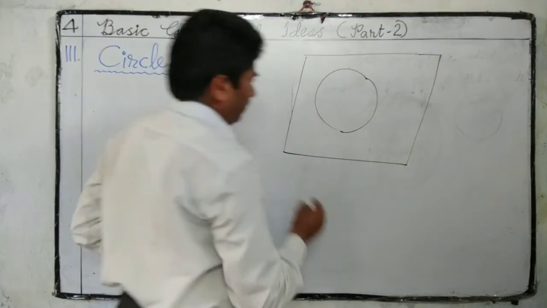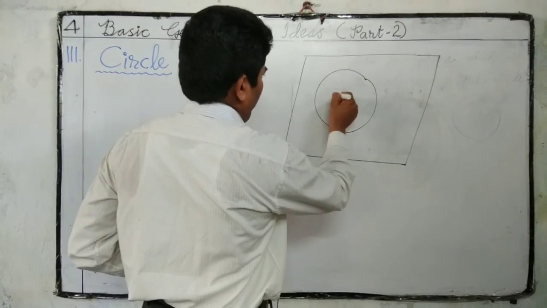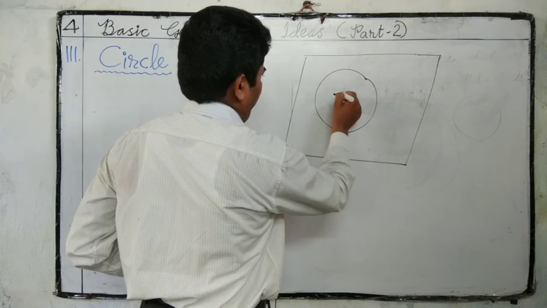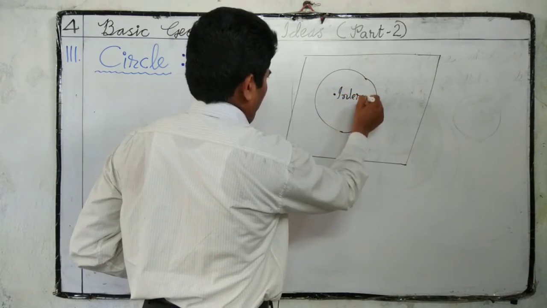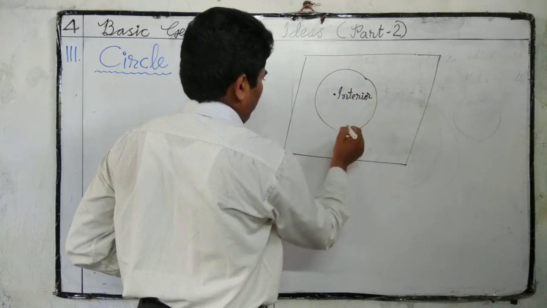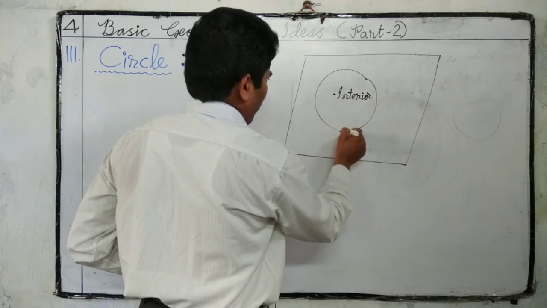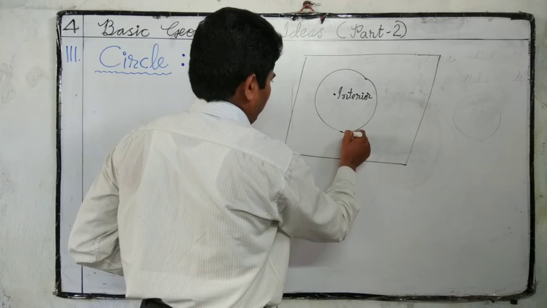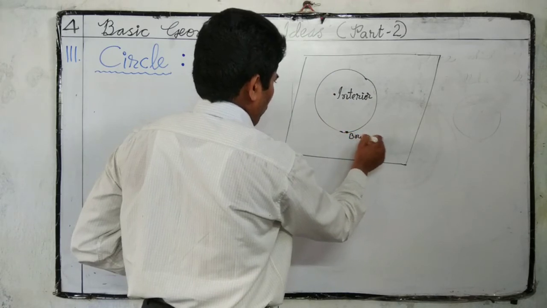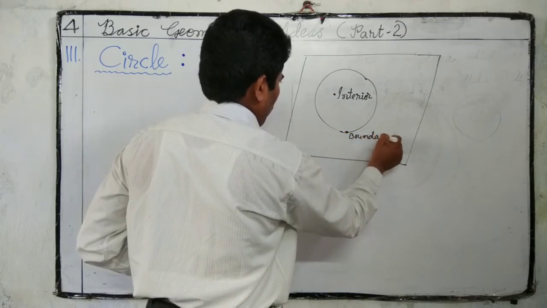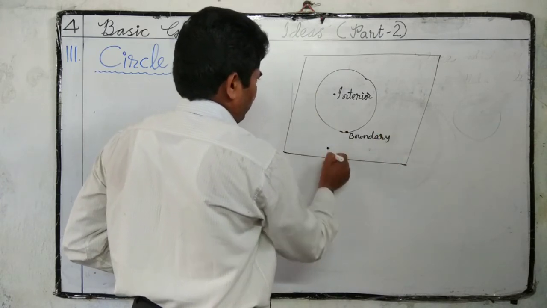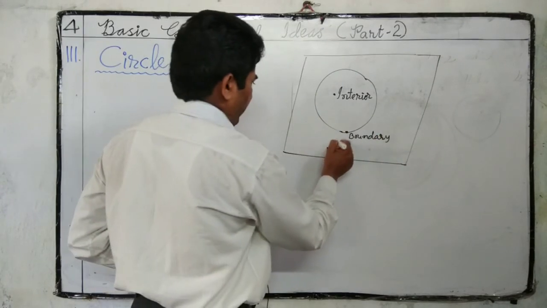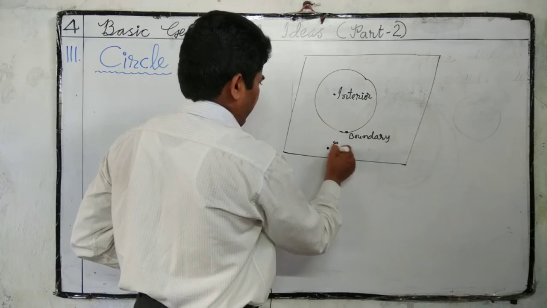In the plane, it is interior of the circle. This is boundary of the circle. This outside part, exterior of the circle.